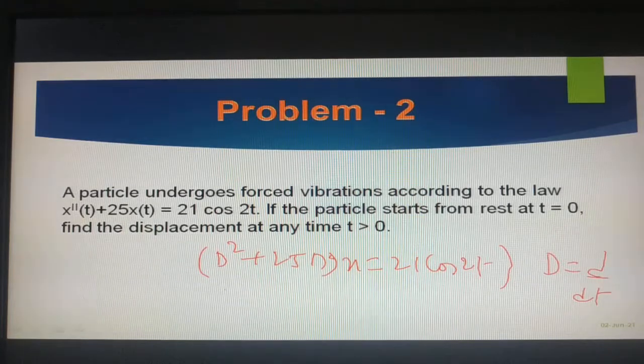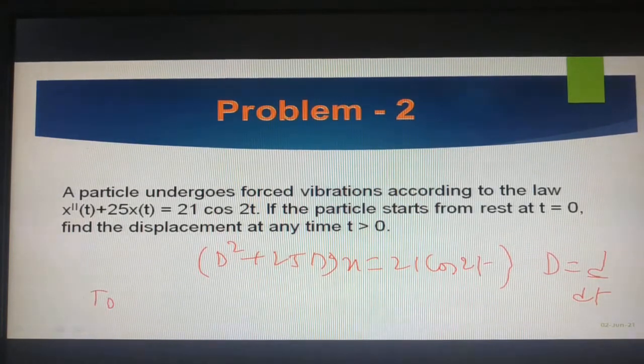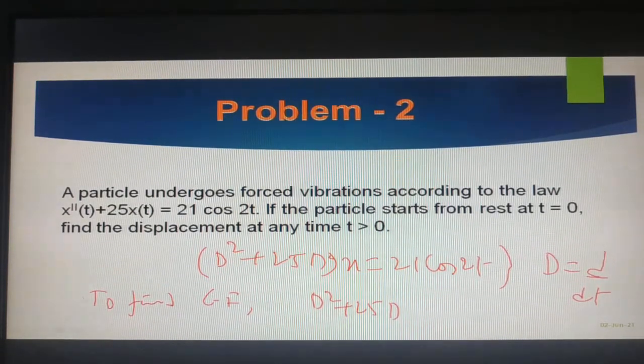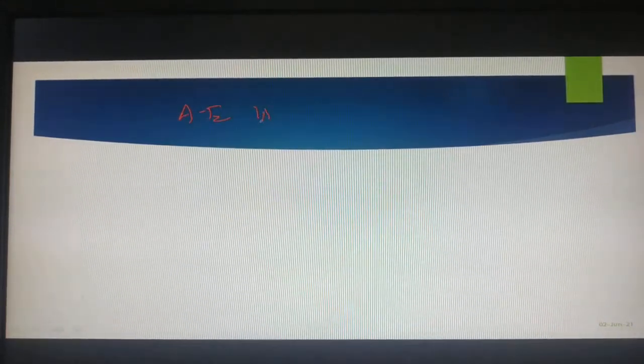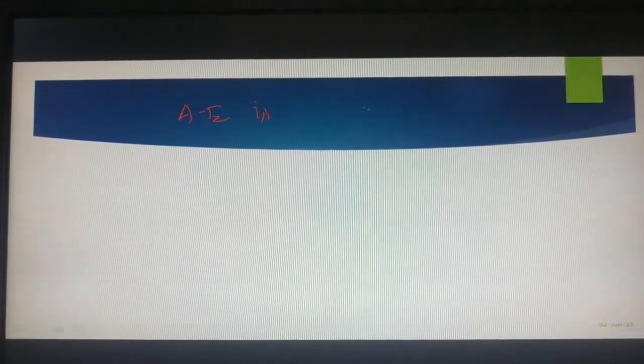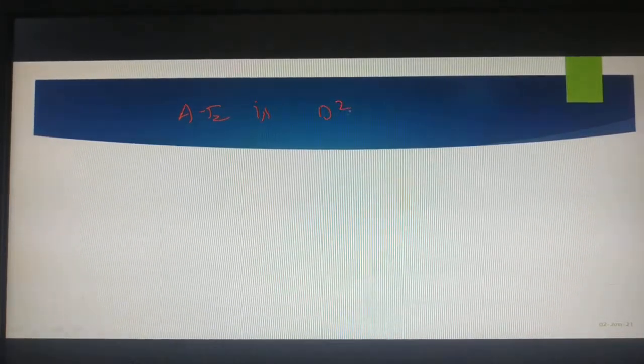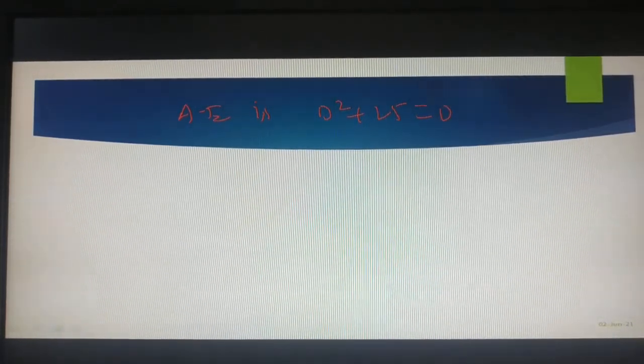So now, to find your complementary function CF, you only have to consider (D square plus 25) into x, which is equal to 0. From that you are going to write your auxiliary equation. The auxiliary equation will be D square plus 25 is equal to 0.